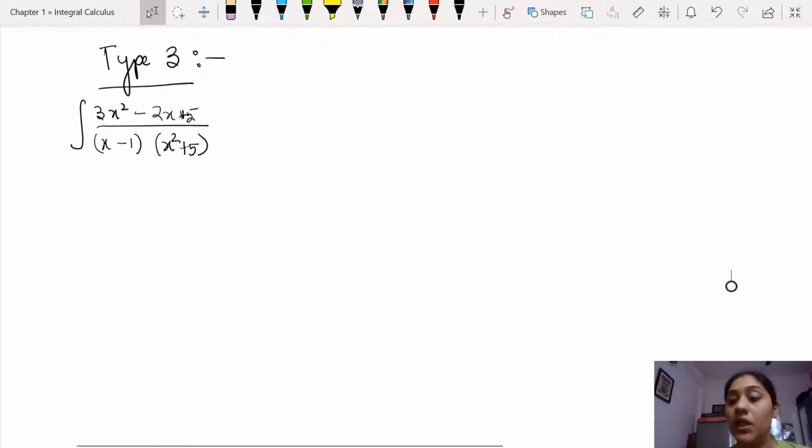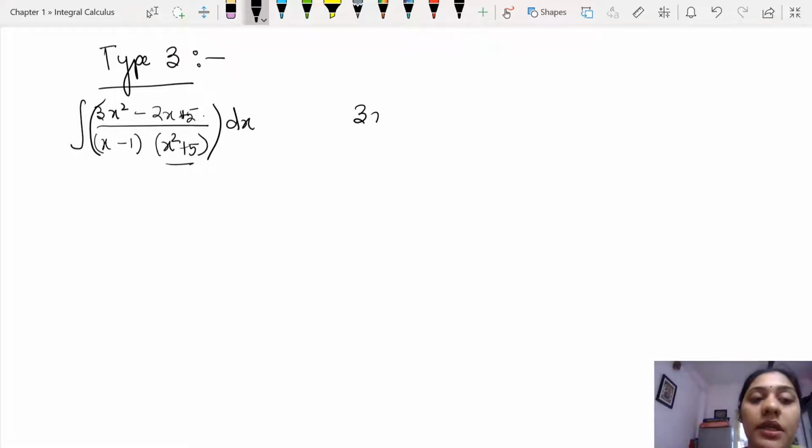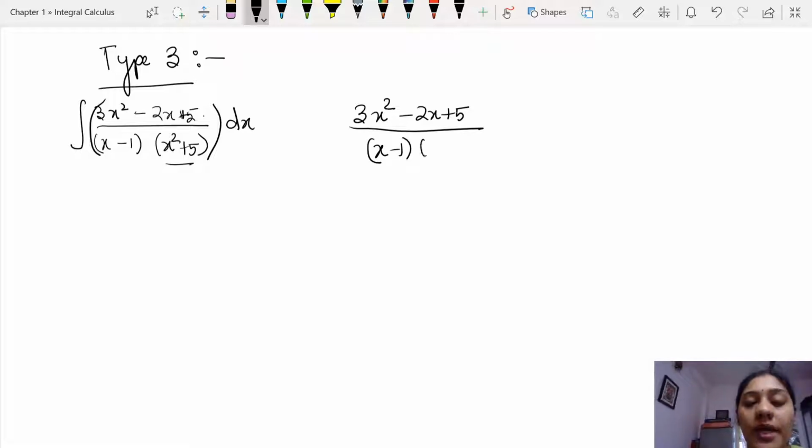Now what do we do with this? See, here you need to note that this term is a quadratic term. This is also quadratic. So in these events, how we write it is 3x square minus 2x plus 5 divided by x minus 1 into x square plus 5.